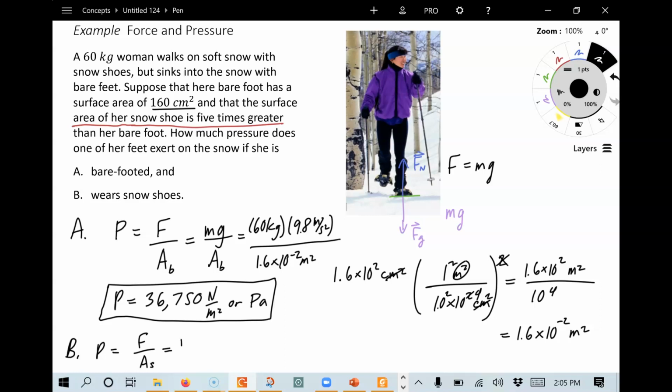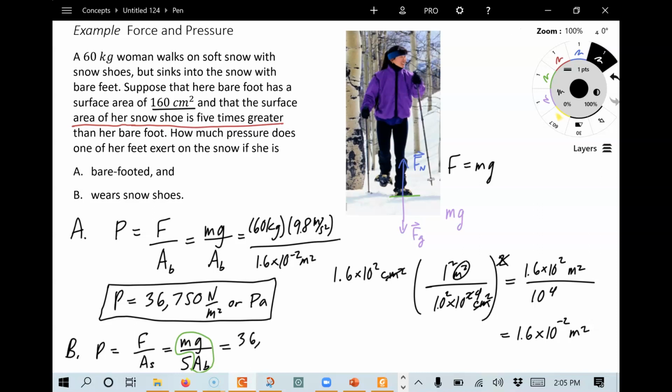Now, this is again mg, and now this is the area of the snowshoe, 5 times the area of the barefoot. We can just write it like this, and in fact, we know that this whole thing is just equal to the barefoot pressure divided by 5. So really all we have to do is divide the answer from part A by 5.